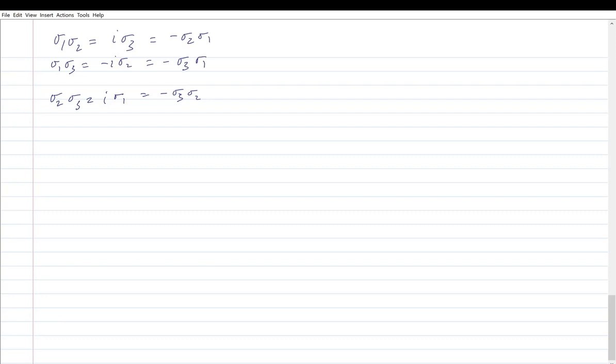And essentially the idea is that all products of Pauli matrices can be reduced to a single matrix, and this is the usual commutation relation. So for example, sigma 1 sigma 2 is going to give us this, and so on and so forth. Sigma 3 sigma 1 is going to give us this.